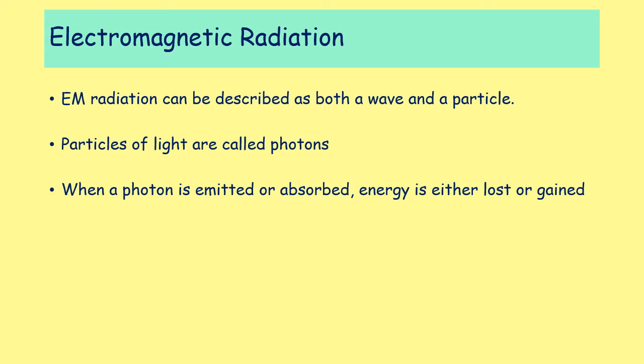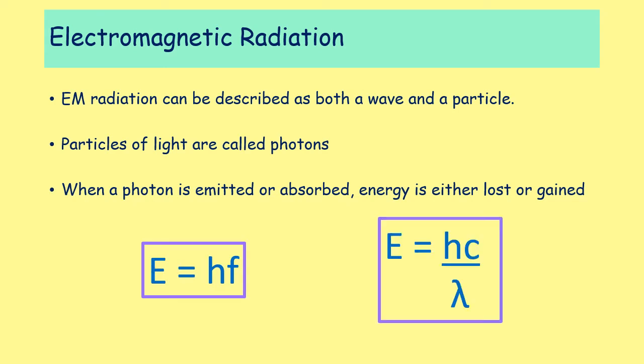So when a photon is emitted or absorbed by anything, it will either lose energy if the photon has been emitted, because that photon contains energy. And if you absorb a photon, you're going to gain the energy that the photon had. And we can use two different equations for working out the energy.